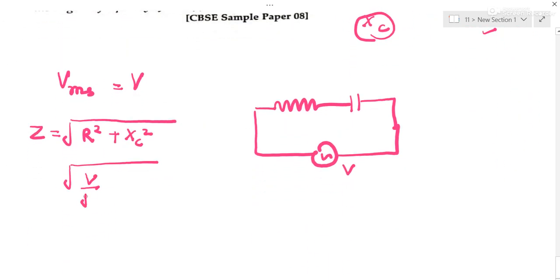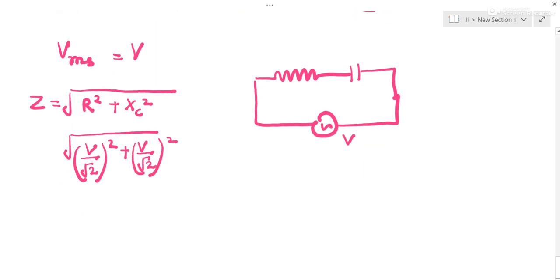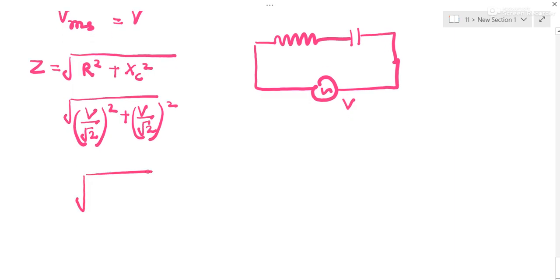It becomes root of V square by 2 plus V square by 2. V square is common, and 1 by 2 plus 1 by 2 is 1. So basically it is V, so Z is coming as V ohms.